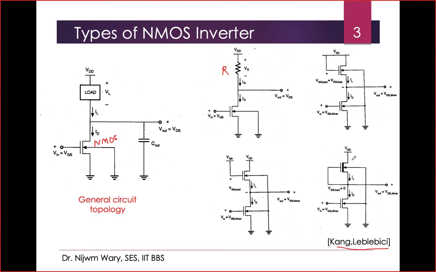So here the threshold voltage is very small. Threshold voltage is very close to 0, right? We have discussed enhancement and depletion type of transistors in the previous lectures, where the threshold voltage can be positive or the threshold voltage can be 0.